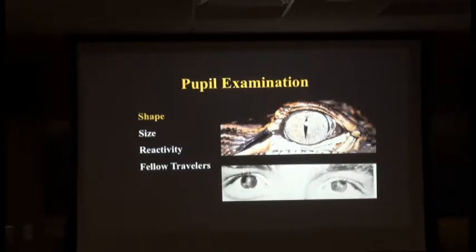If I don't see any comment on shape, then I'm assuming they're round. They can be round and not in the center of your eye, or in the center of the iris too. So here's a pupil way over here in the congenital condition. That's pretty unusual, but sometimes after eye surgery or eye injury, the pupil may still be round, but it may not be centered. I would expect a note about that too if the pupil's not centered.